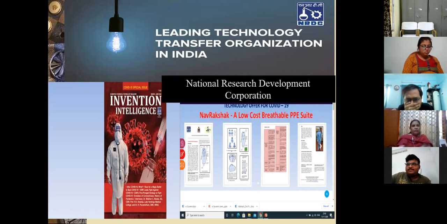The latest one they have done is the technology offer for COVID-19, Navrakshak, a low-cost breathable PPE suit. It could be anything, but this is one example of the latest patent which they have facilitated in transferring the technology. If you are interested, you can just Google and get this information on NRDC.